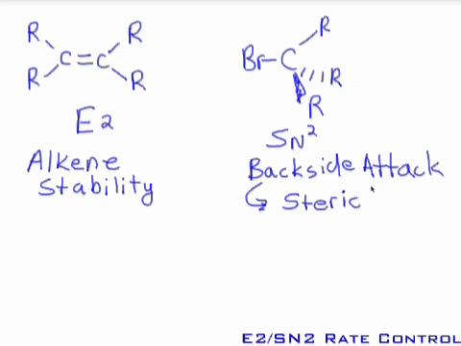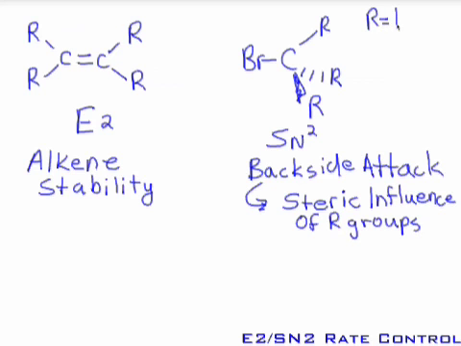The steric influence, if you like, of the R groups, where R in this case can be hydrogen or alkyl. Okay, so SN2 and E2 have very different factors controlling the rate. All right, I hope that helps clear that question up.